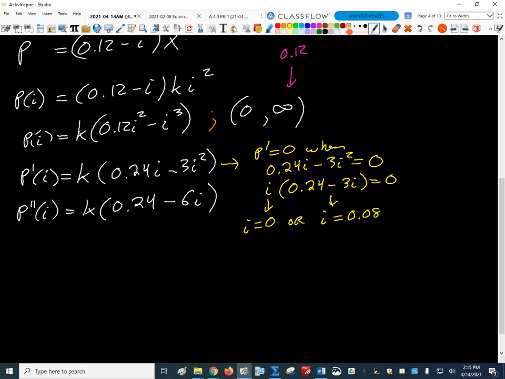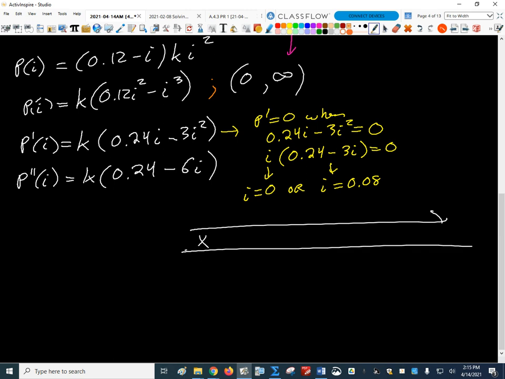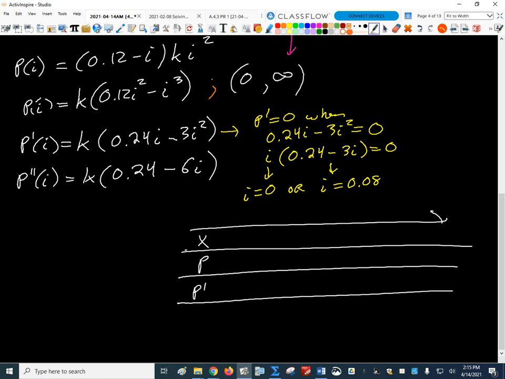Okay, and then we could just make our table, and that should do it. So we went from 0, and we could include 0. That could be a bracket. There's no reason not to.